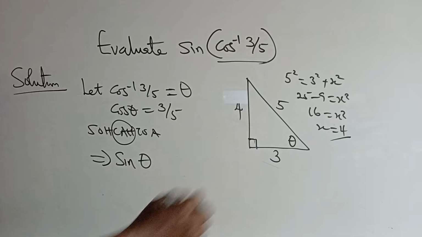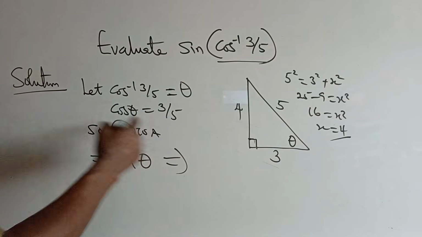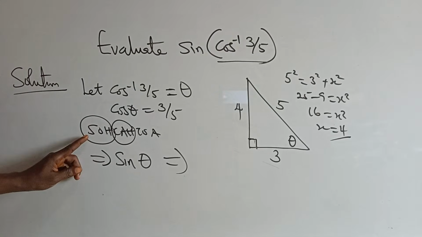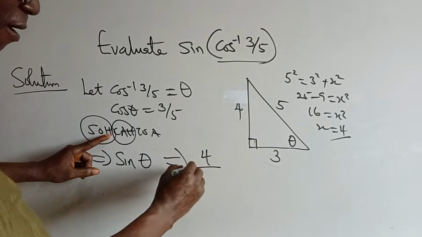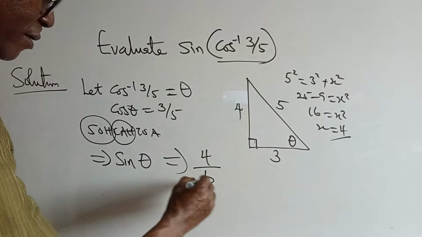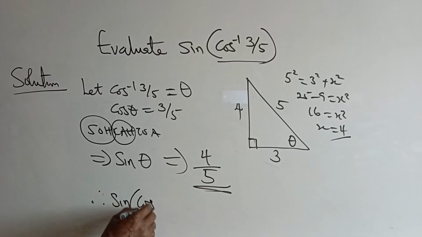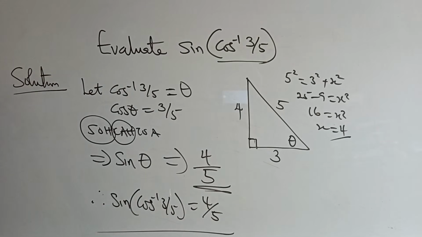Now, what is sine theta? Sine theta is opposite over hypotenuse. Our opposite side is 4, all over hypotenuse, which is 5. Therefore, sine of cos inverse of 3 over 5 is equal to 4 over 5.